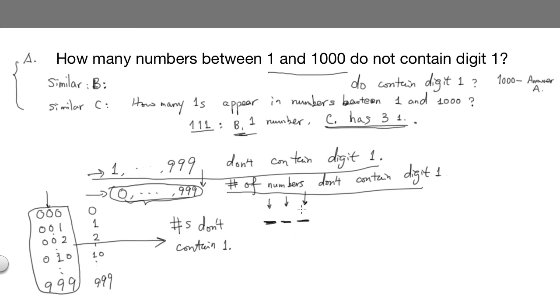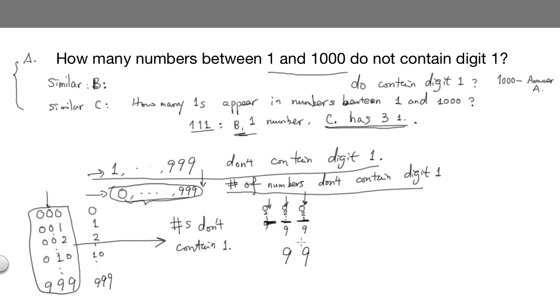For the 1s digit, originally we have 10 choices, 0, 1, all the way to 9. But because we are not allowing 1, we're only going to have 9 choices: 0, 2, all the way to 9. The 10s digit, again, has 9 choices, 0, 2, all the way to 9. The 100s digit also has 9 choices.